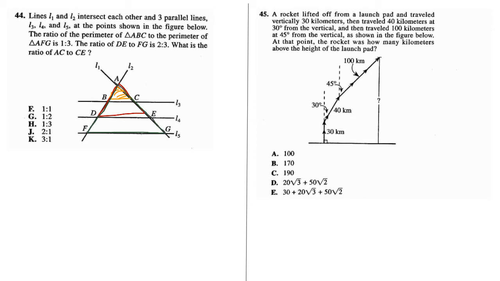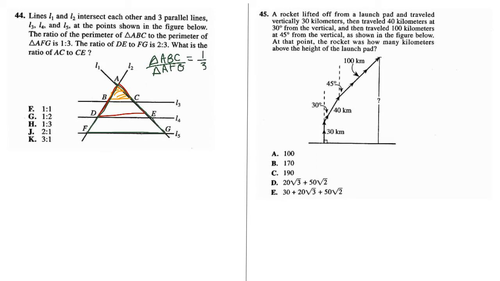Now, something for us to realize from our statement, the ratio of our perimeters, so if we had triangle ABC, the ratio of that perimeter to AFG is going to be 1 to 3.